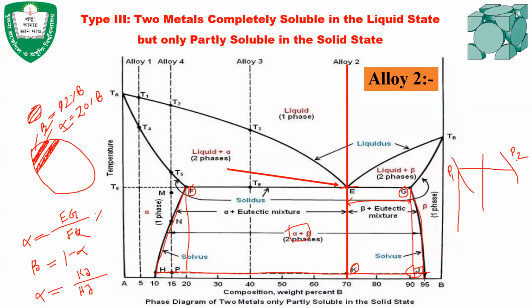If you want to find out the chemical composition of phase 2, then you read it from the phase 2 line. But when you want to find out the percentage of P1, then the rule is rule 2, which is the lever rule. That means if you want to find out the percentage of P1, then you have to consider this length. If you want to find out the percentage of P2, then you have to consider this length. Okay.